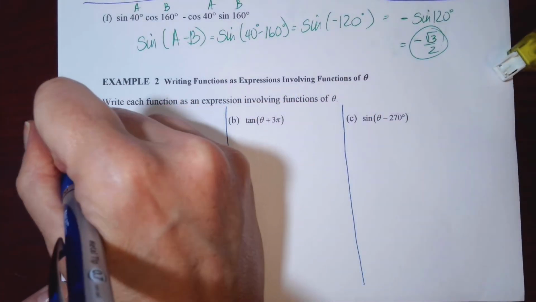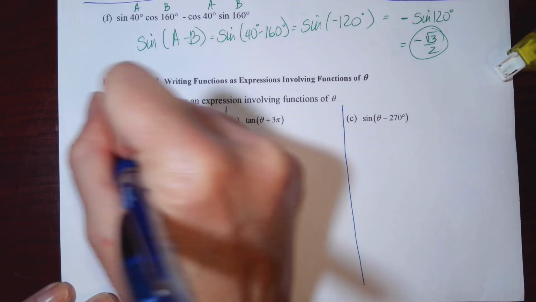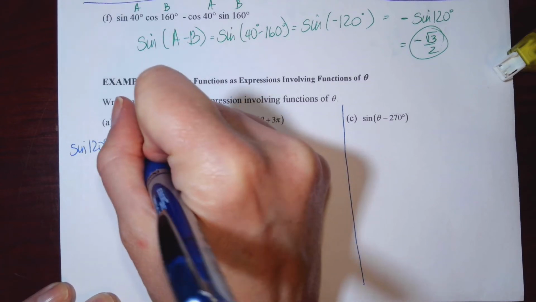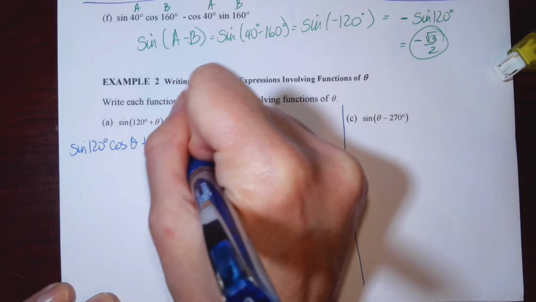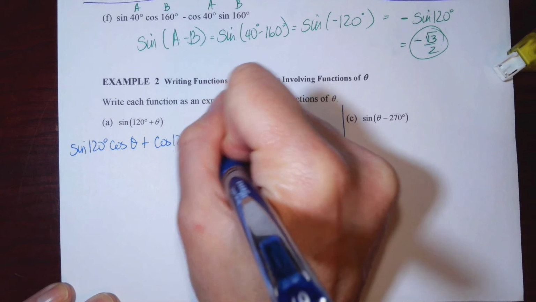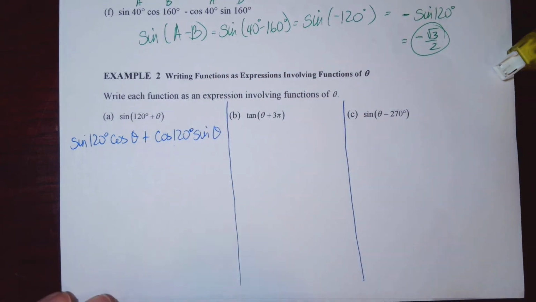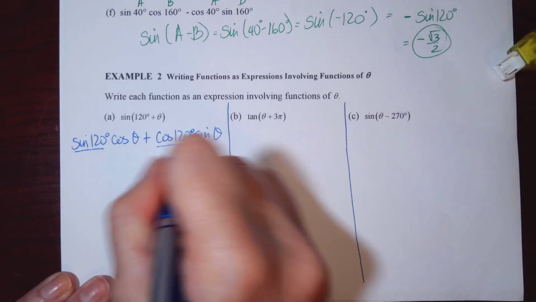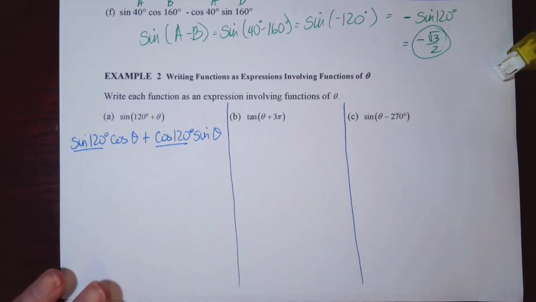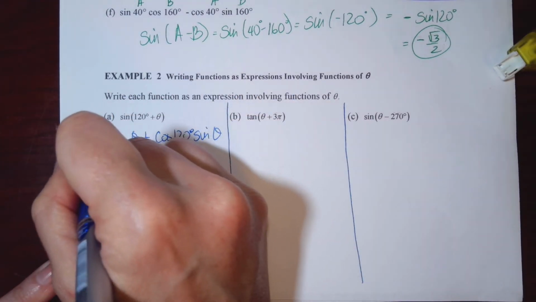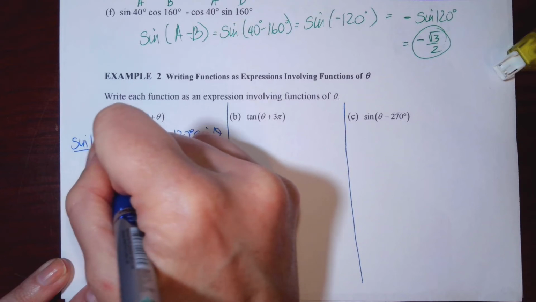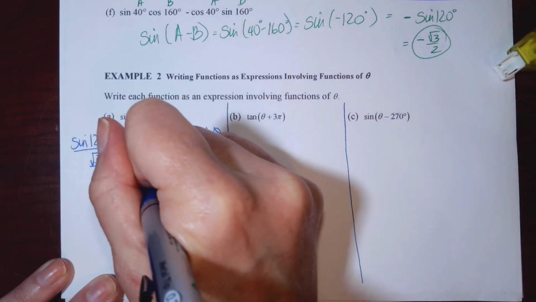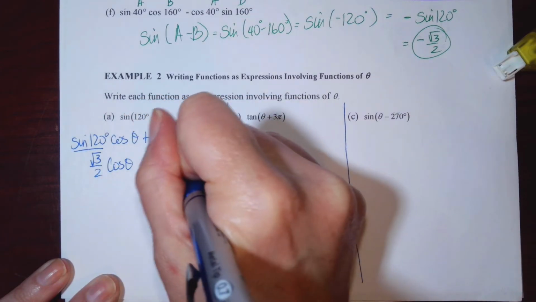This is going to be sine sum, first angle, cosine second angle, cosine of the first angle, sine of the second angle. Well, theta could be anything, but sine and cosine of 120, we know those from our unit circle. 120 is in quadrant 2, so sine is positive, but cosine is negative.